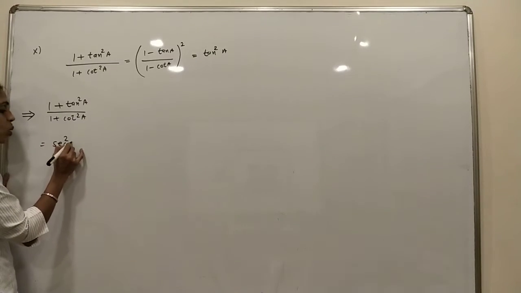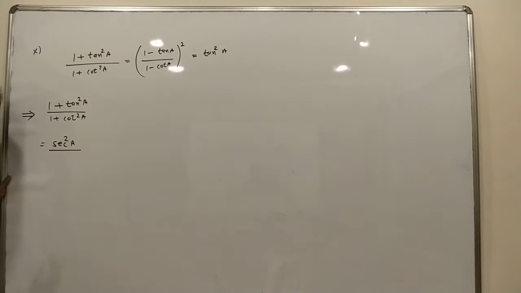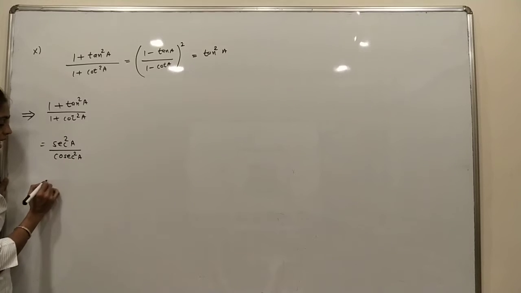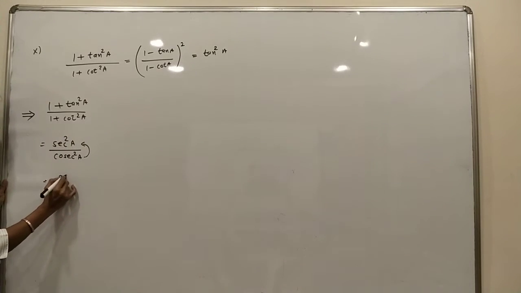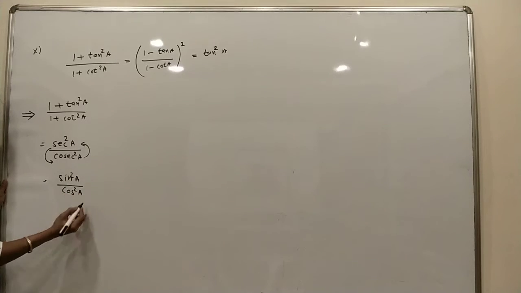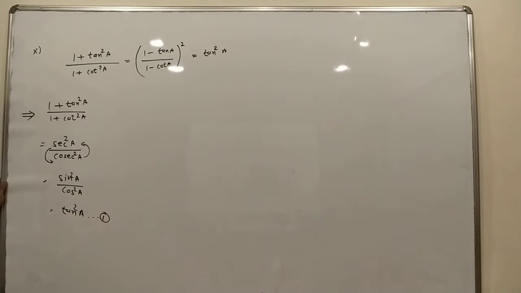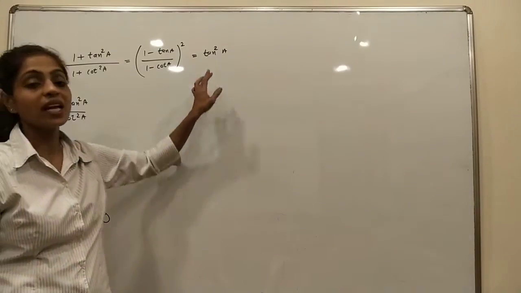So sec square A upon 1 plus cot square theta, which is cosec square A. Right? Now cosec goes up, so sin square A, and sec's inverse goes down, so cos square A. Now sin upon cos is tan, that is tan square A. That is number 1: the first column answer, tan square A, is proved.